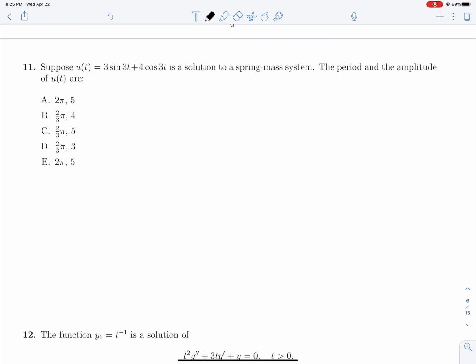Suppose u of t is given right there, and it's the solution to a mass spring system's motion. What are the period and amplitude of u of t? So we know that the period, which I'll just call p, is 2 pi over whatever is multiplied by t in here. So we just get 2 pi over 3. And our amplitude is the square root of a squared plus, oh, I shouldn't really be using a in here.